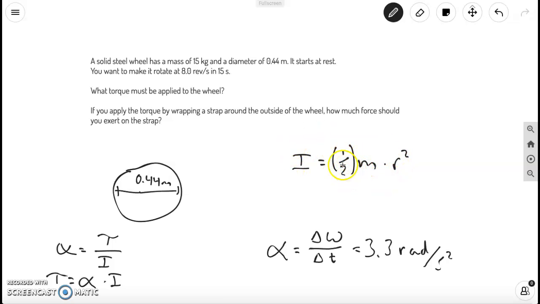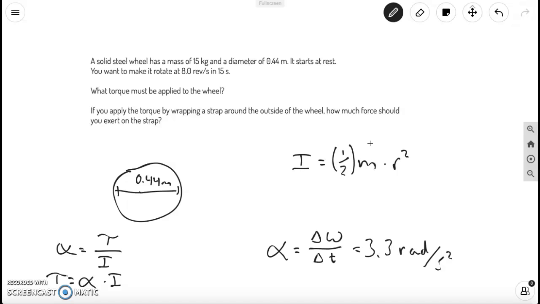So if we do this equation, our mass is 15 kilograms, but because we're working with 1/2, we're going to do 15 times 0.5 times r squared, r being half of the diameter, 0.44, so r equals 0.22, 0.22 squared.